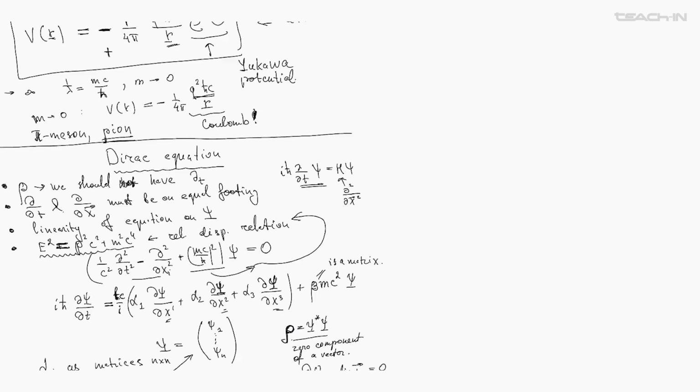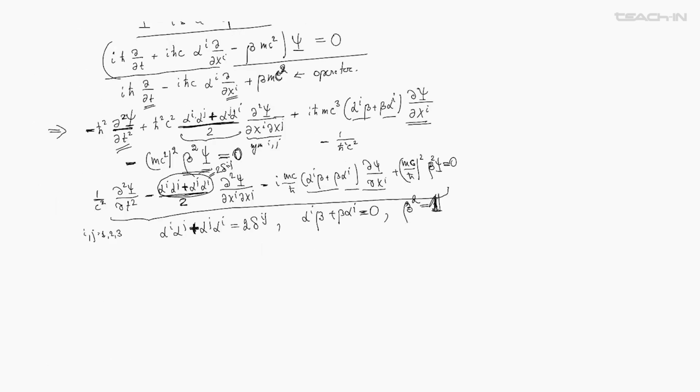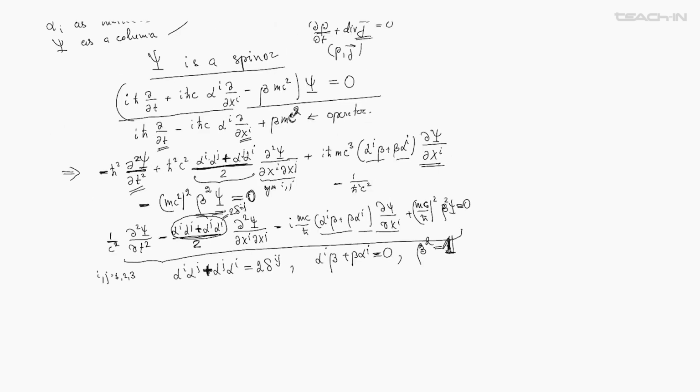And then I require that these alphas satisfy such a relation that what I'm getting here turns into the standard Klein-Gordon equation. So I'm not doing anything artificial, and what I'm getting is a direct consequence of this mathematics.